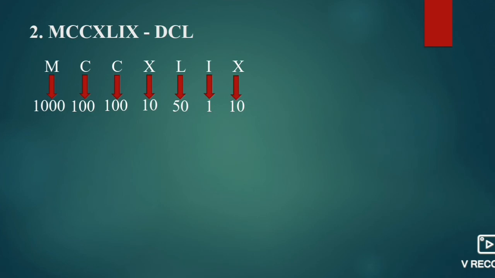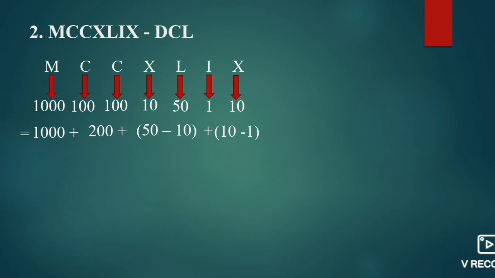Now, 1000 plus 100 plus 100, 200. Here, 10 is lesser than 50. So, we have to subtract 10 from 50. So, 50 minus 10. Similarly, 1 is lesser than 10. So, subtract 1 from 10. So, 10 minus 1.